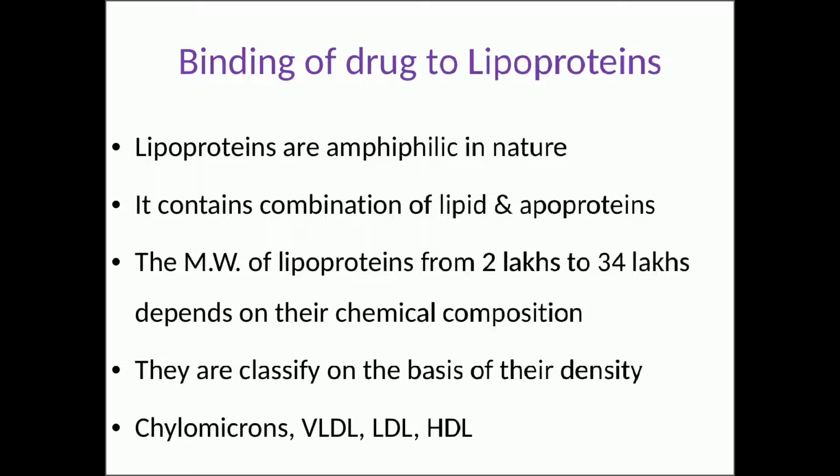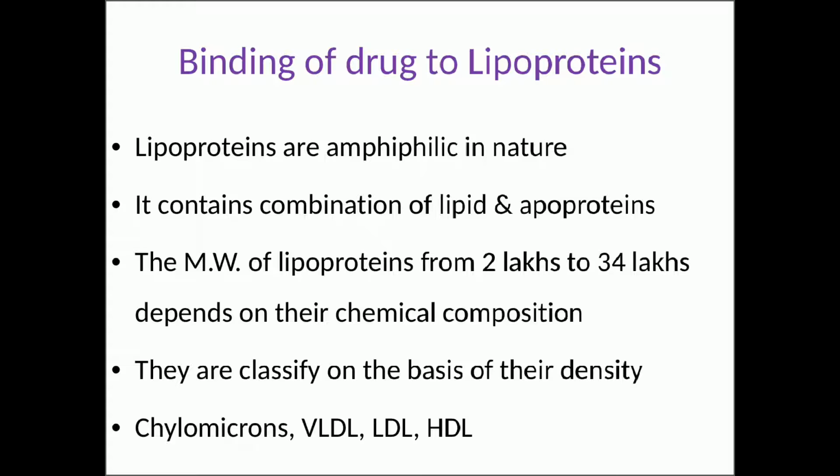The next is binding of drug to lipoproteins. Lipoproteins are amphiphilic in nature. They contain a combination of lipid and apoproteins. The molecular weight of lipoproteins is in the range of 2 lakh to 34 lakhs, depending on their chemical composition.